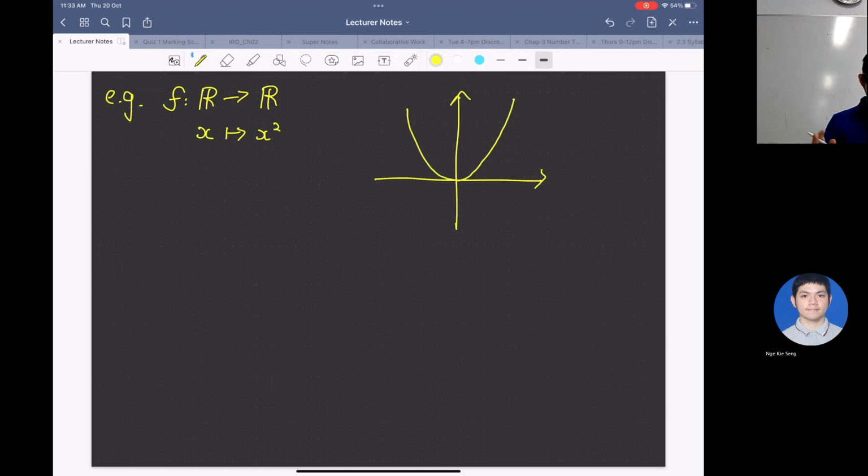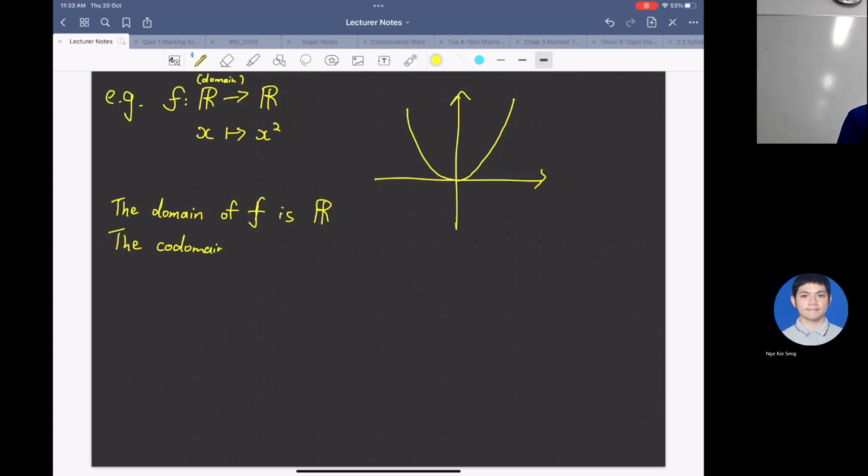So what is the domain? The domain of F is R. So this part is the domain. What's the codomain?